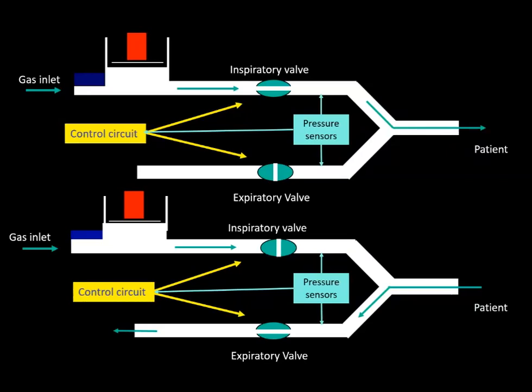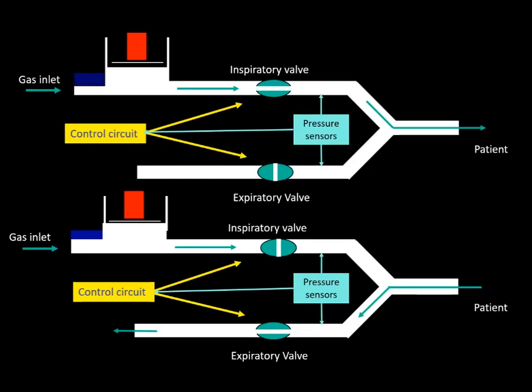Everything we set on the ventilator, a pressure target, a tidal volume target, a flow target, everything is achieved by the ventilator delivering flow to the patient or letting a flow get out from the patient, letting the patient exhale.